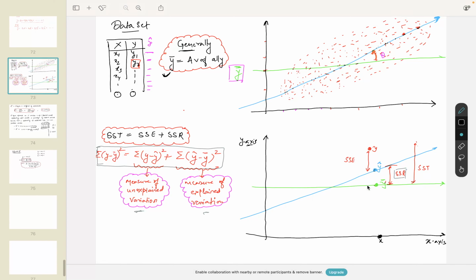Earlier we were here, now we are here, so we decreased the sum of square of residual, which is known as explained variation. Getting my point? And still we have some error. You can see, na?